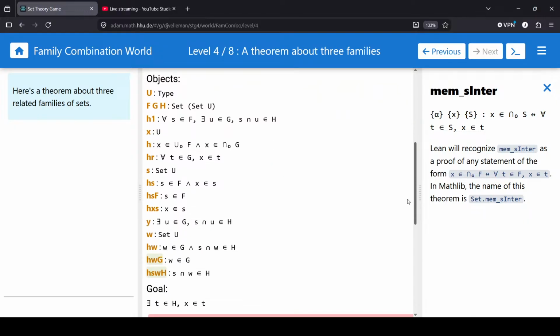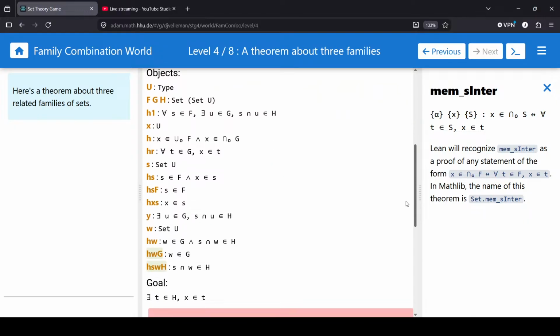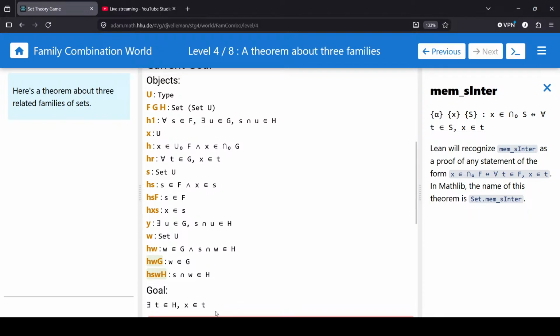Okay, so now we've broken down everything. We have to do a use. X is in S, and that's all we have.